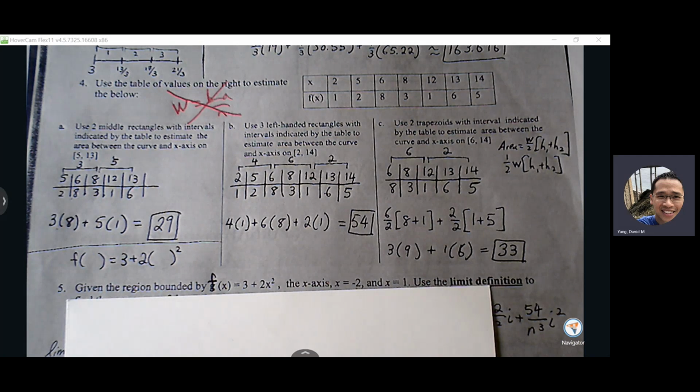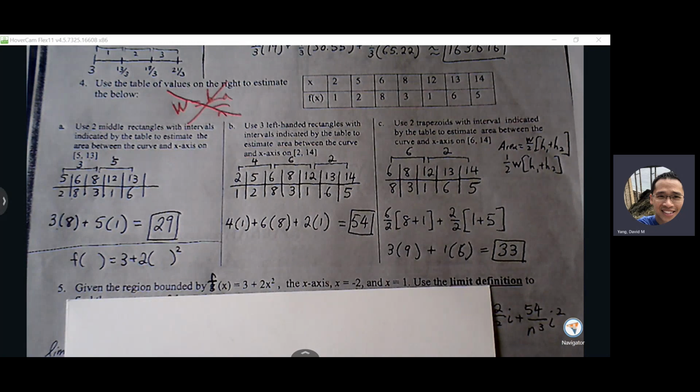Just with the remaining time here, I want to go over one of the problems that I went over this morning. Let's quickly run through number 2.